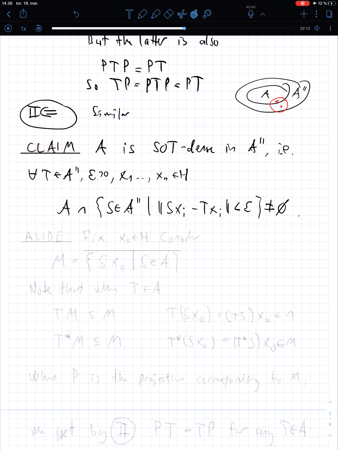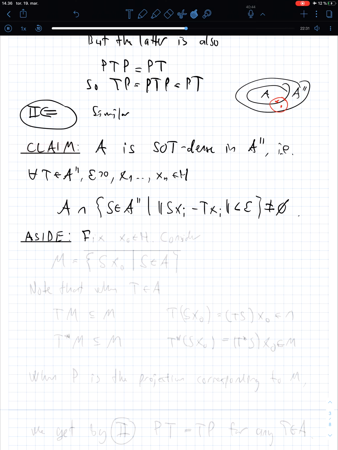So now I'm going to do something which is not directly aimed at the claim. I will call this an aside to avoid confusion. So let's do it in the following way.